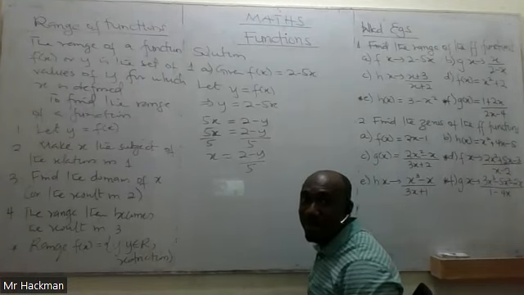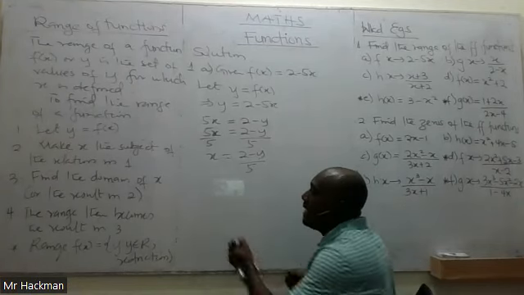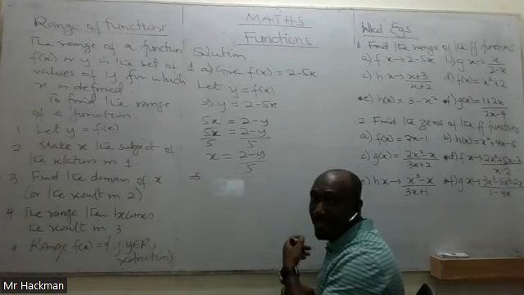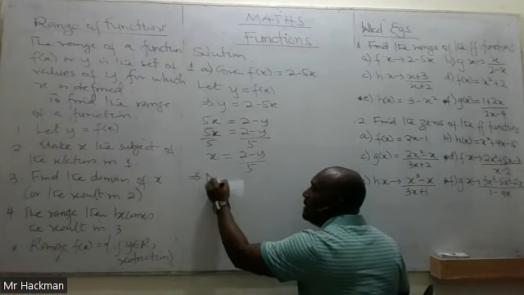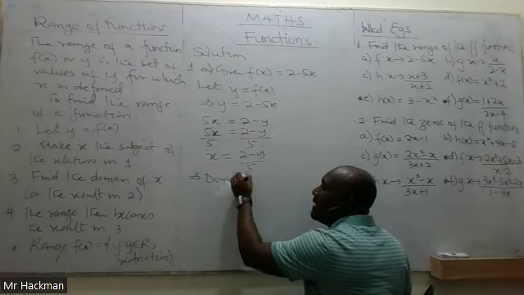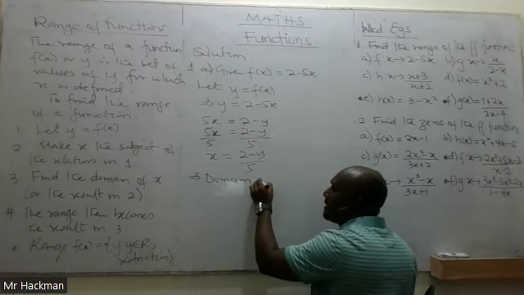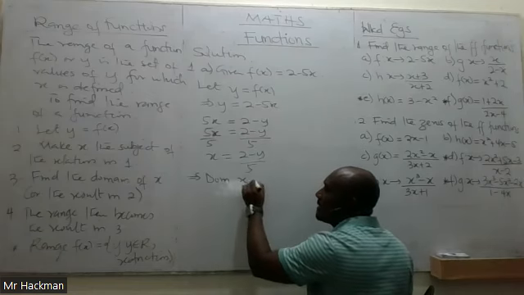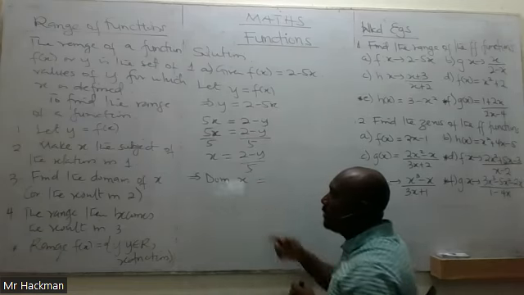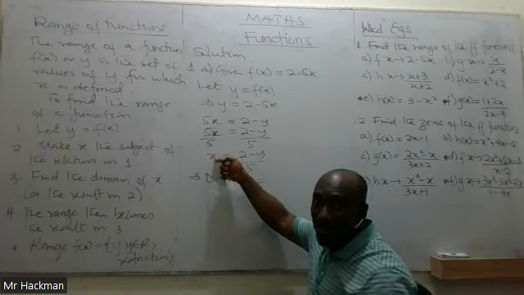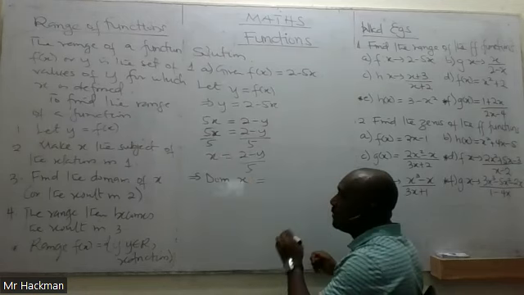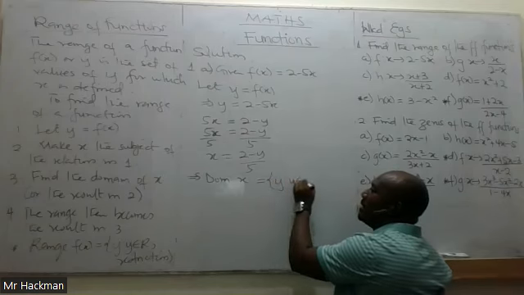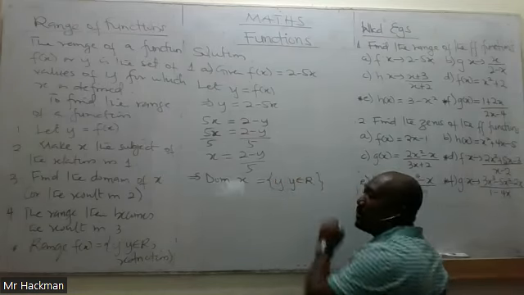So I am going to write this implies domain of x. That step that I'm going to write, as you mature, you can take it out. Let's use the notation: DOM of x will be equal to y such that y belongs to the set of real numbers, with no restriction.